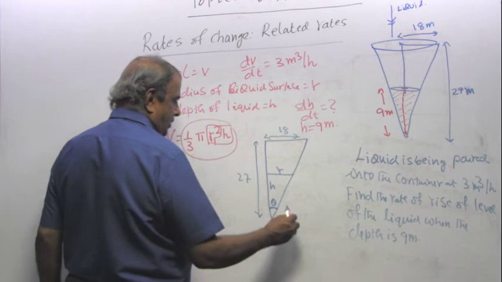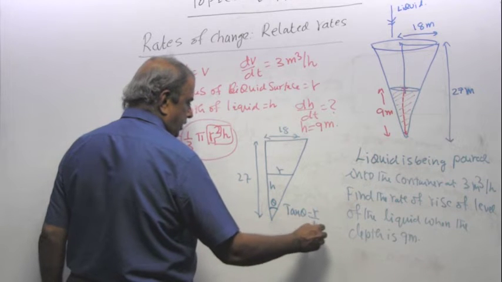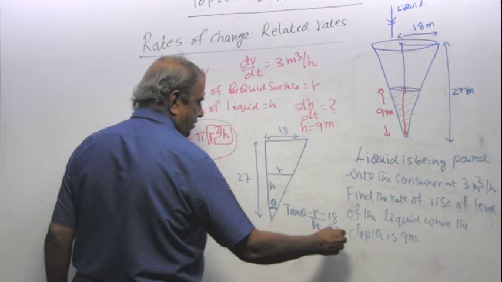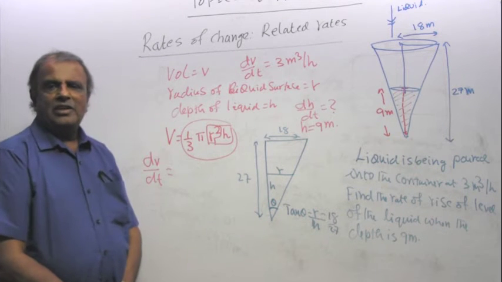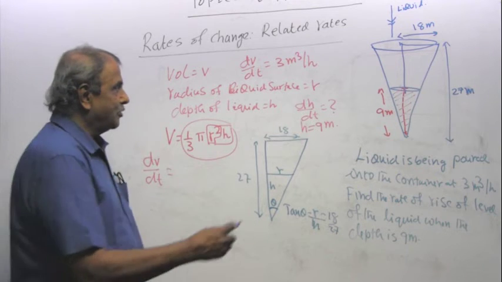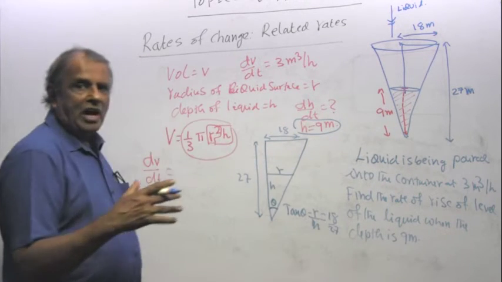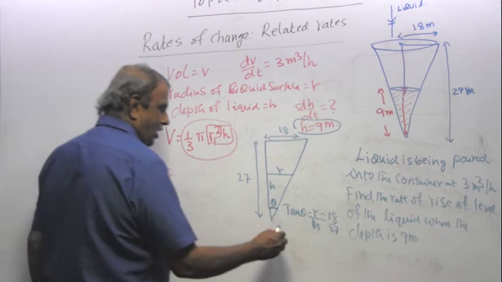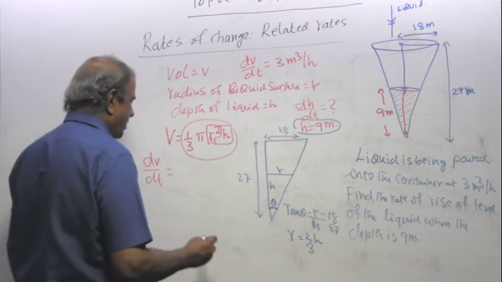Tan theta is R over H, which is also equal to 18 over 27. Now comes the question, do I substitute for H or do I substitute for R? That comes from here. I know H. So I need H. I don't need R. So R equals 2 over 3 H.